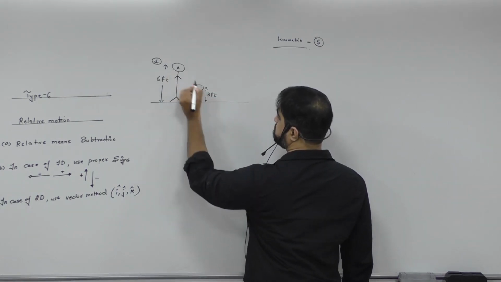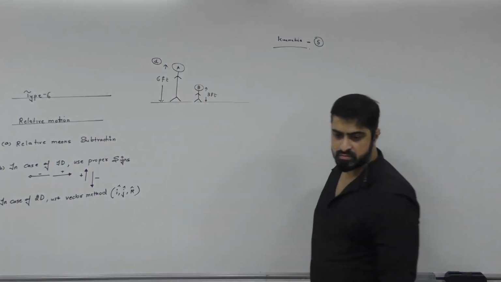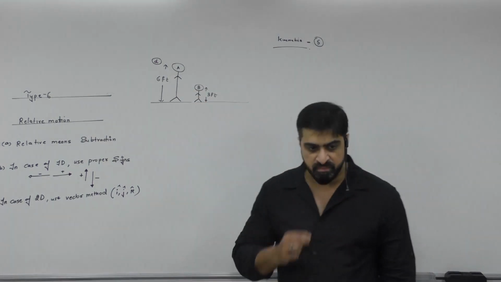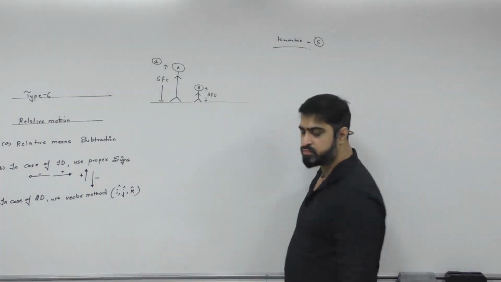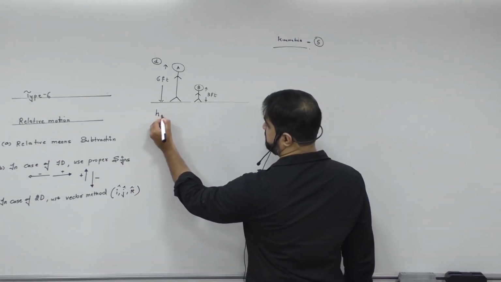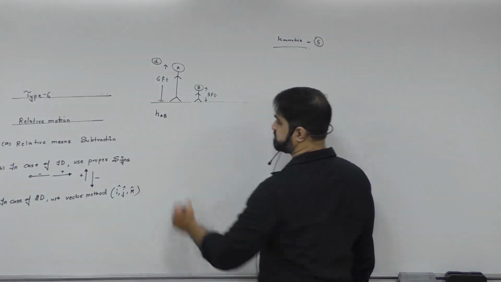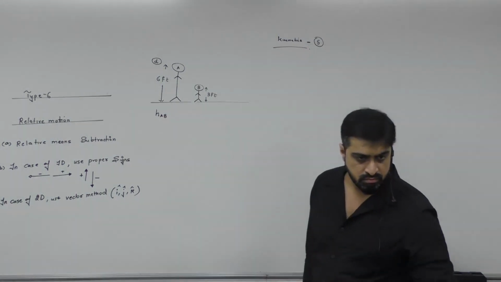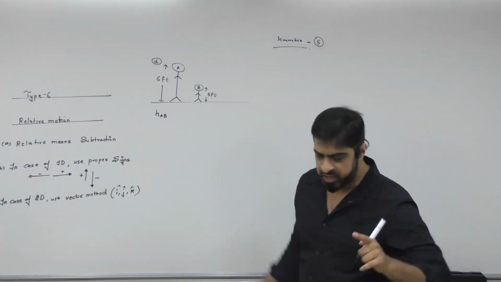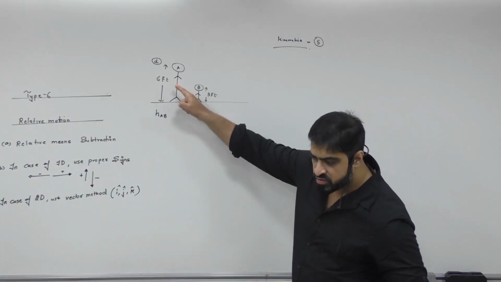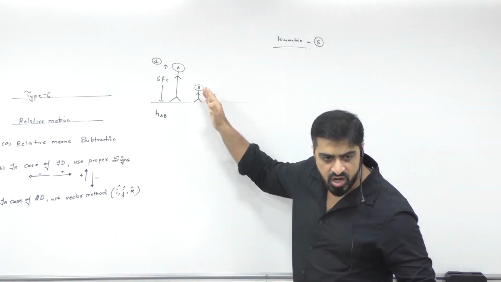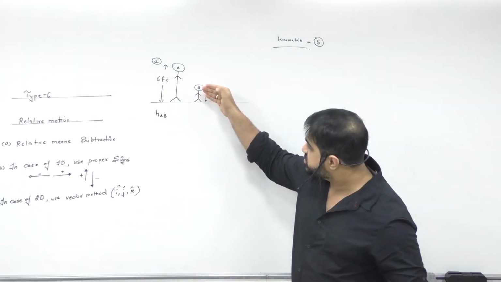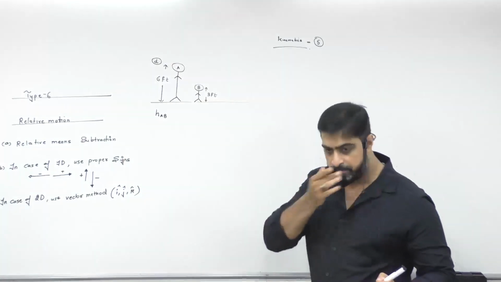A and B. If I ask what is the height of A with respect to B? Height of A with respect to B means I am asking B, according to you, how much A is taller?